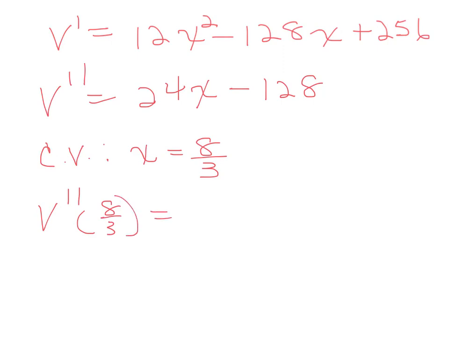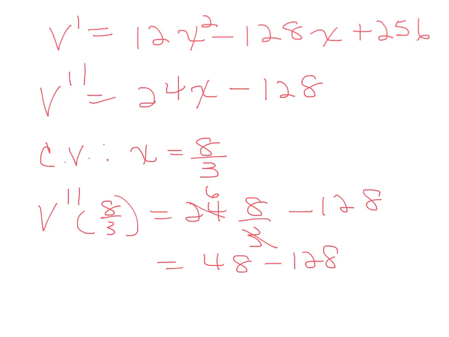Wherever I have an x, I'm going to plug in 8/3, minus 128. 3 goes into 24 8 times. I get 64 minus 128, which is going to be less than 0. Therefore, my volume function is concave down, and therefore the critical value of 8/3 equals a max. So you can plug in and get all your dimensions, but that is the end of our problem.